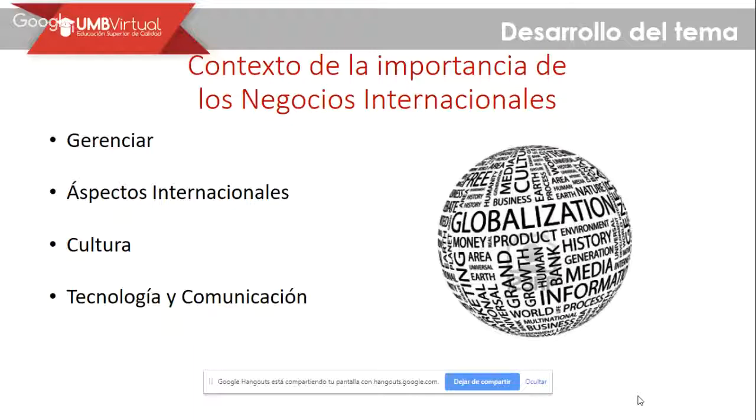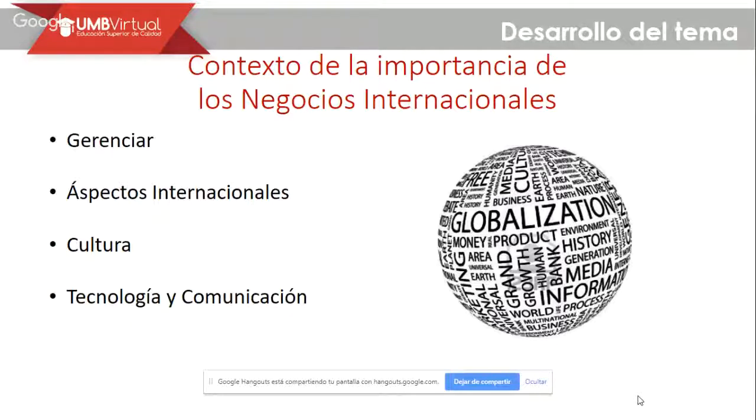We have to find aspects such as culture. Culture in any business which is taken on an international level is of extreme importance. So that's why culture is such an important part of these lessons in this course in particular.